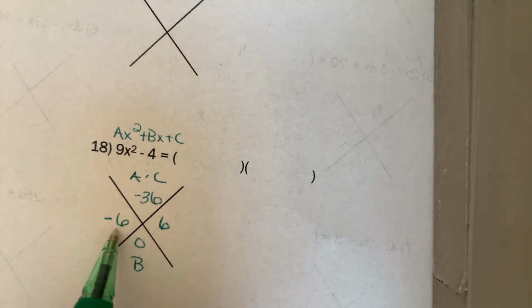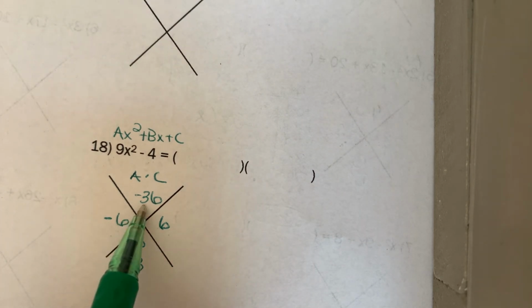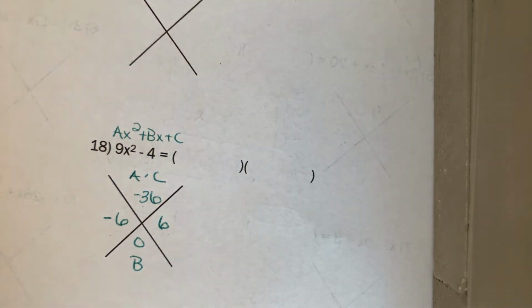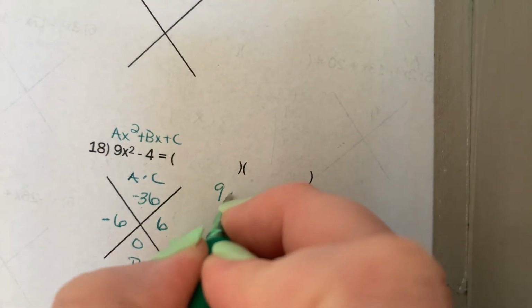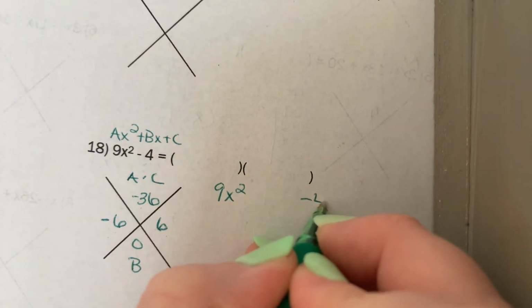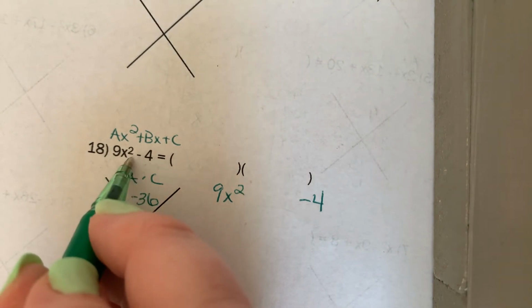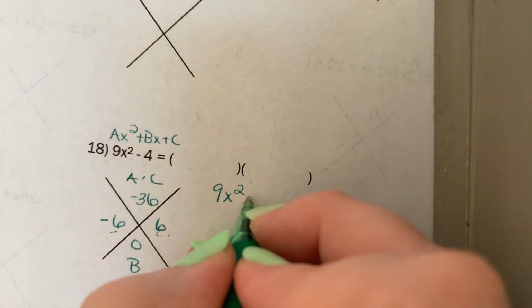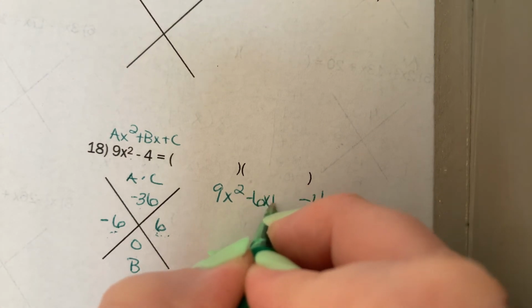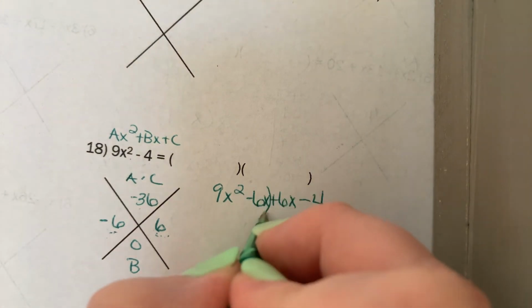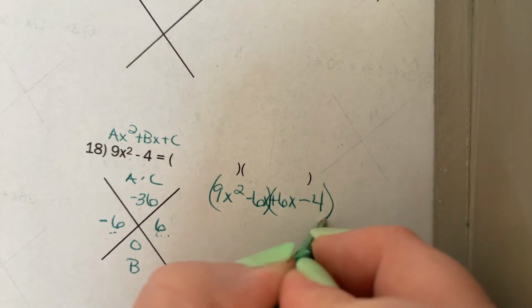But you need to make sure that these numbers multiply to give you the top. So replacing, we're going to have 9x squared and -4. These are going to go in between those two values. Even though bx wasn't there, we're going to put these there. So -6x plus 6x. Group the first two, group the second two.